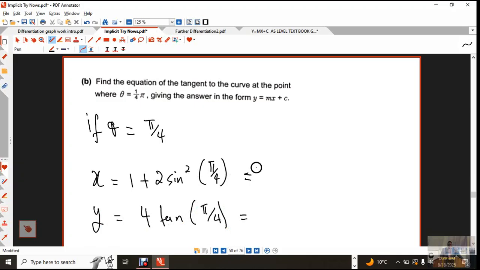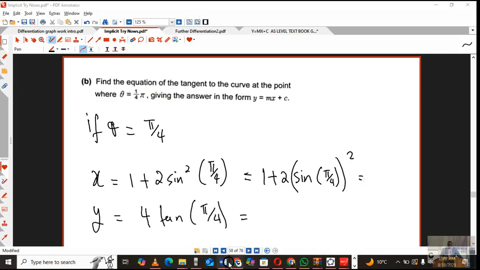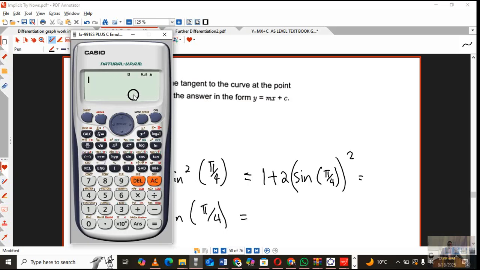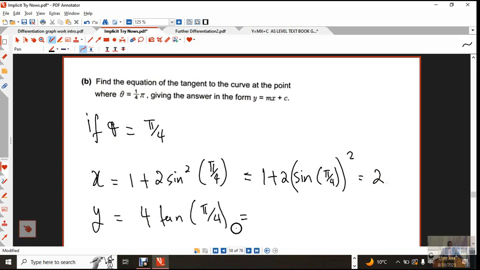If you grab your calculator, this is the same as 1 plus 2 times sine of pi over 4, squared. That's what that means, so you can rewrite it like that in your calculator. My calculator is in radian mode, so that's 1 plus 2 in brackets, sine pi over 4, close that, and that should be squared. That gives me a value of x, which is 2.